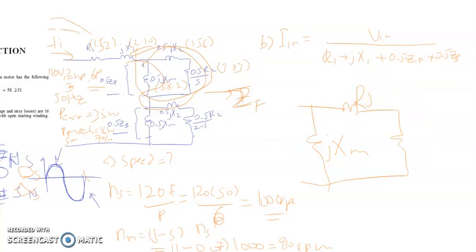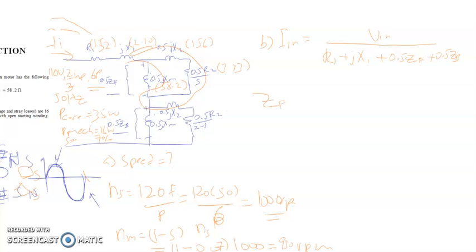Okay, so if we put into mathematical equivalent, we shall have a Z forward equal to R2 over S here plus JX2 and JXM divided by, and this is the parallel equation.